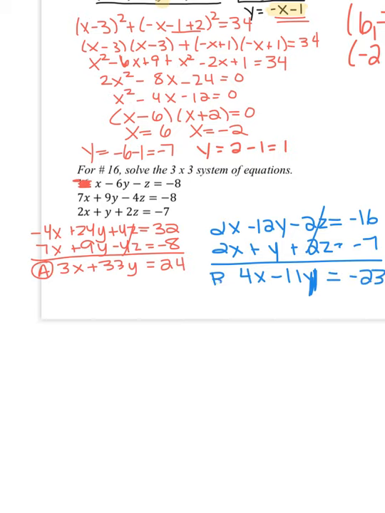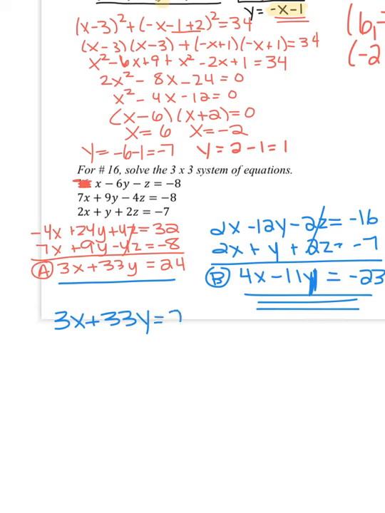That is equation B. So now I need to do elimination on A and B. So if I multiply B by 3, I have 12x minus 33y equals negative 69.